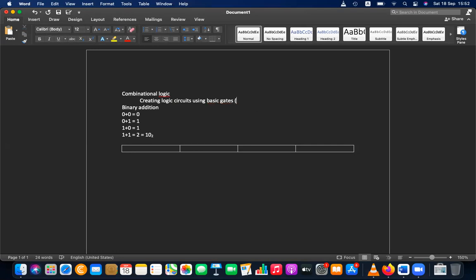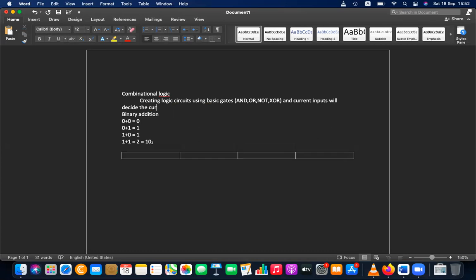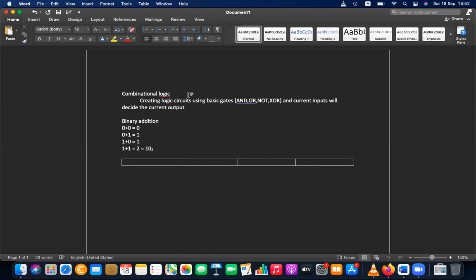What are the basic gates? AND, OR, NOT, and now we learn XOR. Creating logic circuits using basic gates, where the current inputs will decide the current output. So in combinational logic gates, the current inputs will be the decider for the current output.